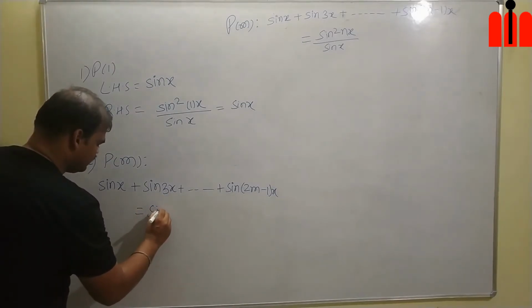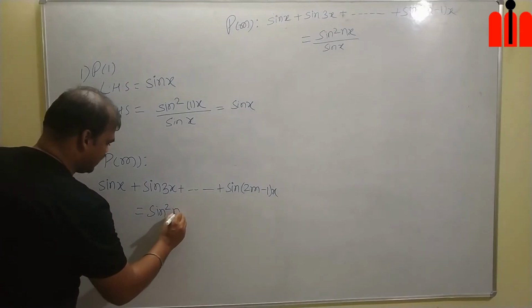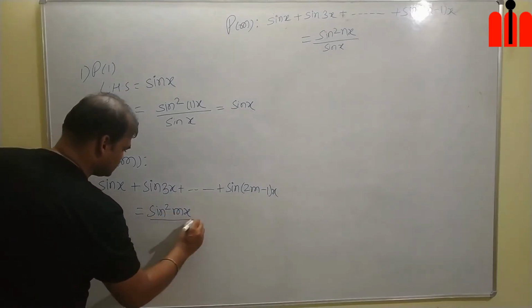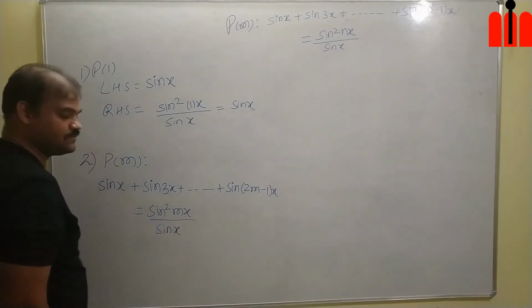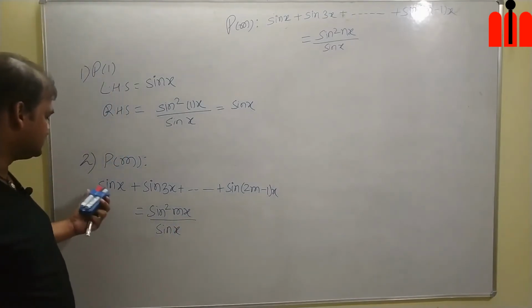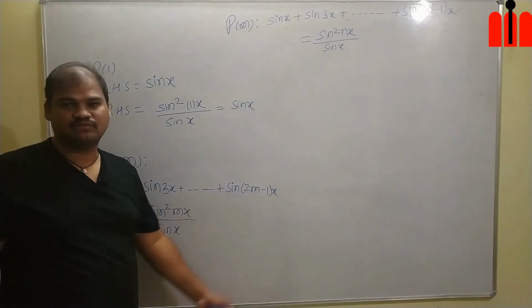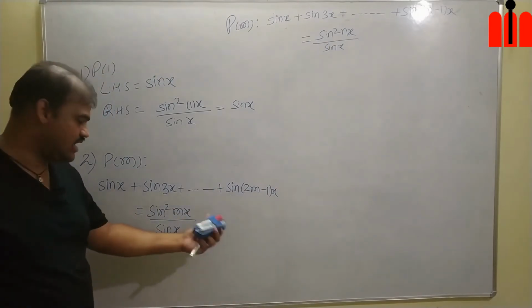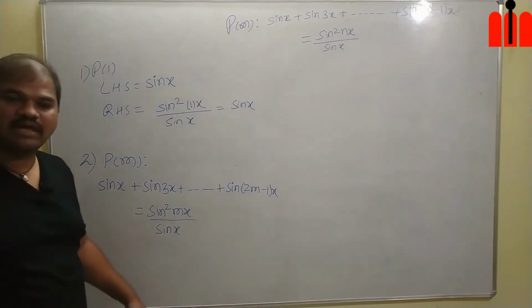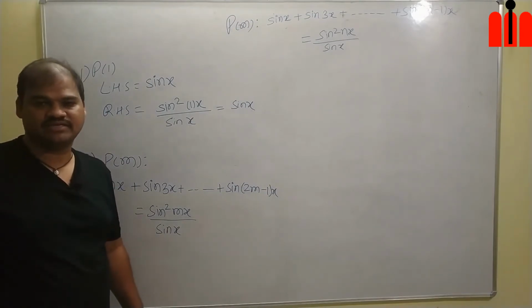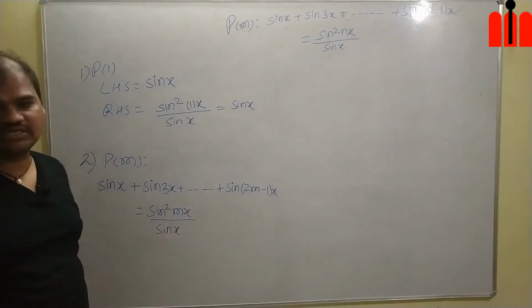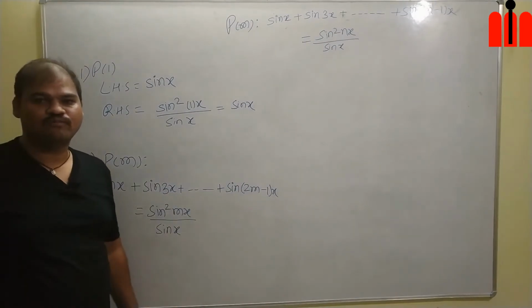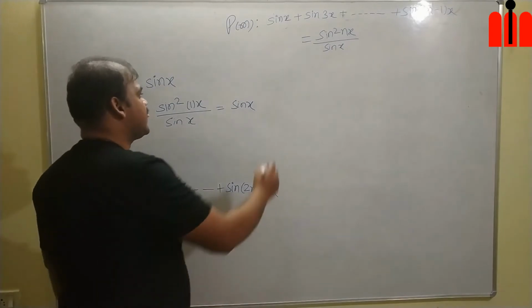This is equal to sine square mx by sine x. So this is my concrete statement. I have to use this statement to prove my P(m plus 1).